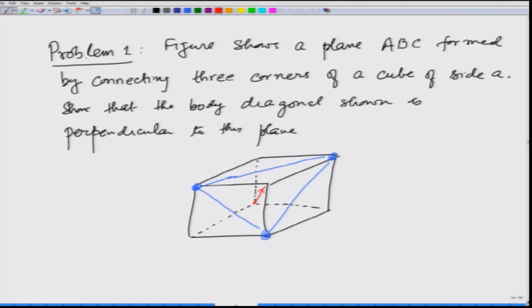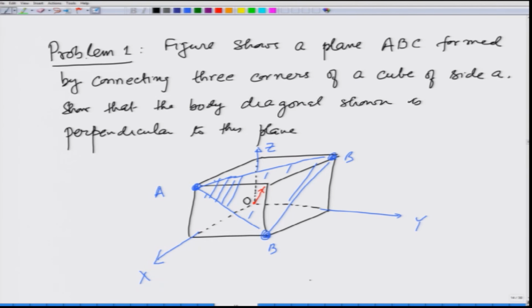We want to show that this is perpendicular to this blue plane formed by A, B, C. For convenience, I am going to take this axis to be the x axis, this axis to be the y axis, and this axis to be the z axis, and this corner to be the origin.